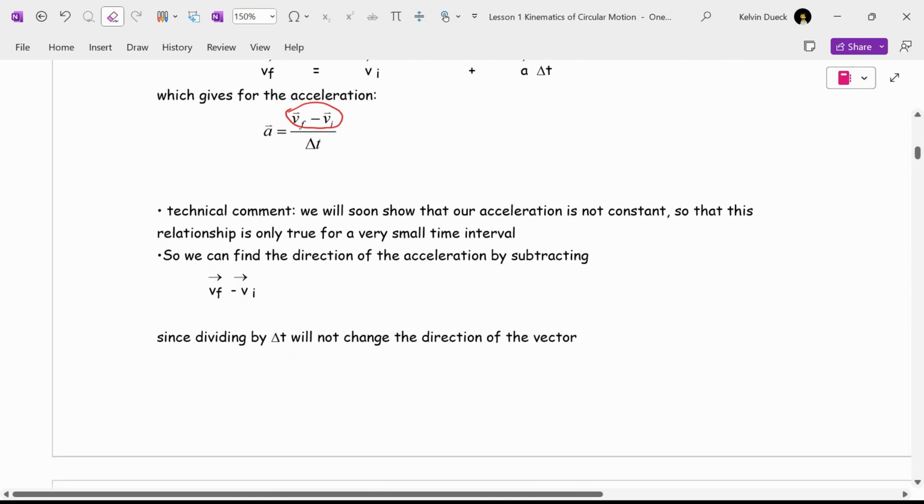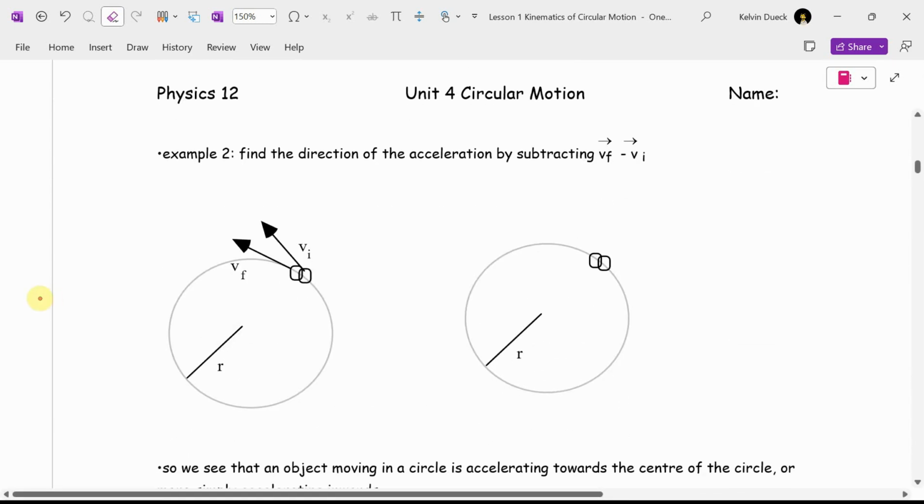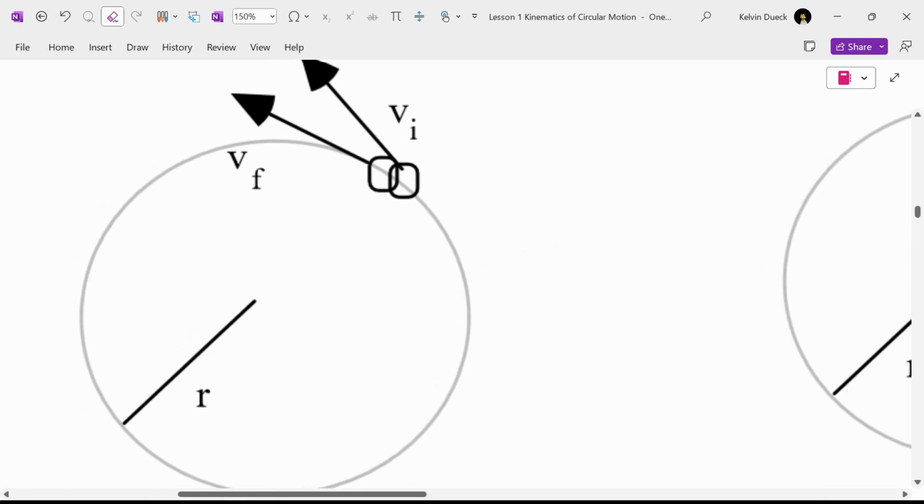By the way, technical comment, I'm soon going to show you the acceleration is not constant, so this is only true for a very small interval. But we can show the direction by going VF minus VI, because dividing by delta t won't change the vector direction. I've got a zoomed in picture here. Here's the initial velocity.